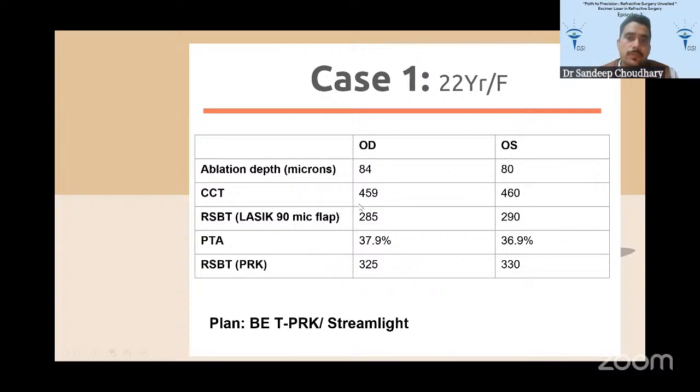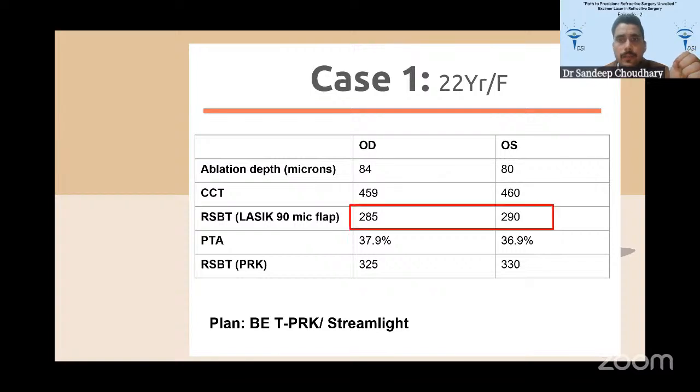Although some surgeons may consider this marginally safe for LASIK, I would still think that the stromal pad which we get with PRK, even in marginally thin corneas, makes PRK a better option. So we proceeded with the trans PRK streamlined procedure in this patient, and the patient is fortunately doing fine now.